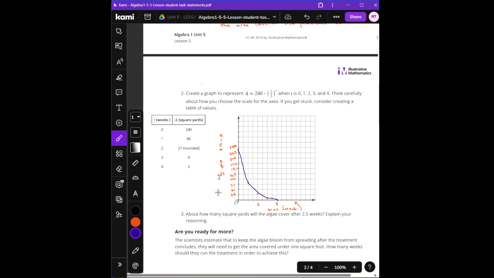Okay, now about how many square yards will the algae cover after 2.5 weeks?